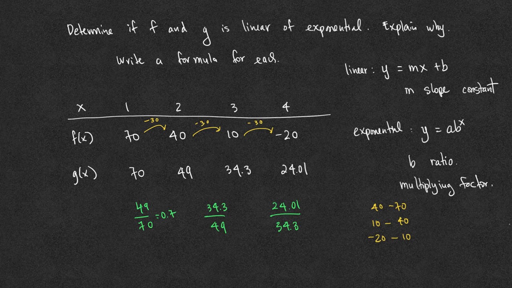Similarly, 34.3 divided by 49 will also give us 0.7. So this is promising, but we have to keep checking. 24.01 divided by 34.3 is also 0.7. And so we see that for the function g, we are multiplying the same ratio each time. And so g is exponential.